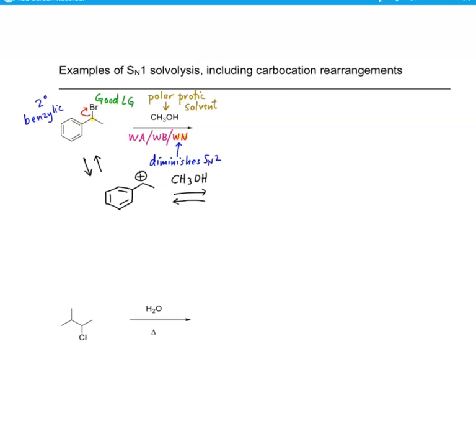This is a solvolysis reaction. So the solvent acts as the nucleophile. The solvent is methanol. And so the methanol attacks the carbon with the positive charge. That provides this intermediate.